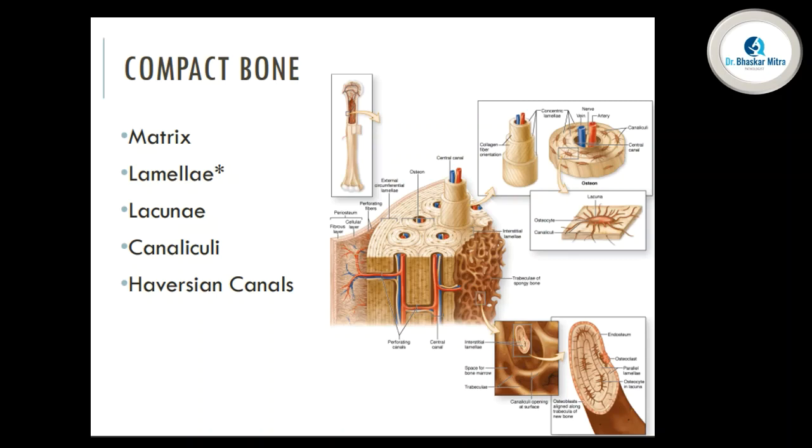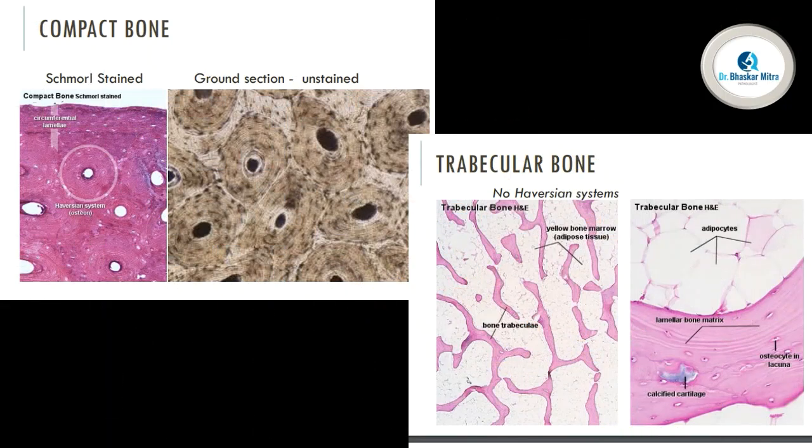This is called the Haversian canal, through which the blood vessels and nerve supply go in. This is the cut section of a trabecular bone showing a similar lamellar pattern. Now, in between the lamellae, there are small spaces. These are called lacunae. Lacunae means gap. We will discuss this in more detail.